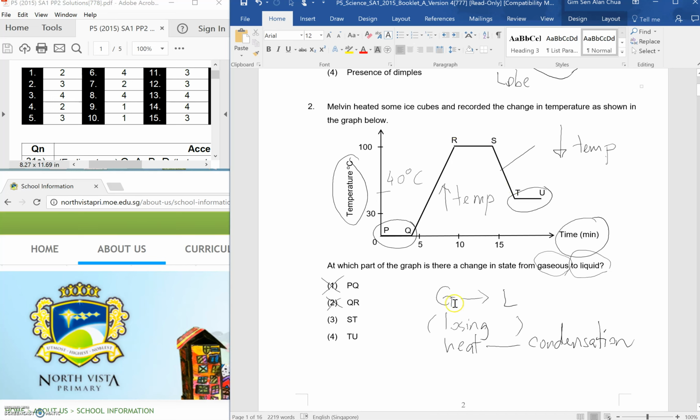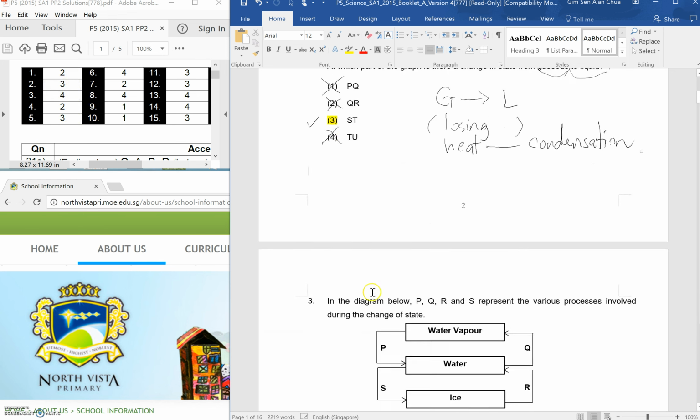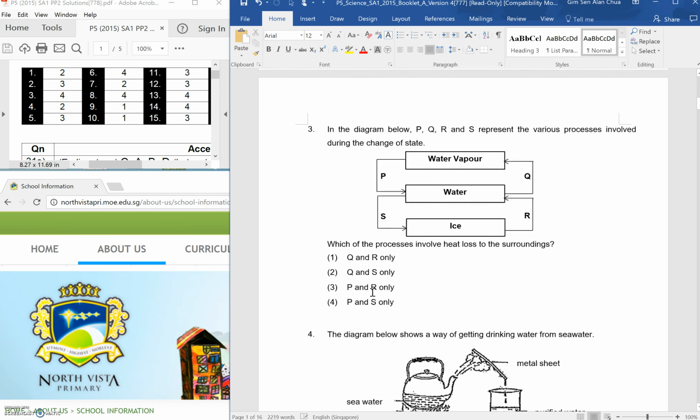We know that for gas to turn into liquid, you must lose heat, and that must be this portion here, ST. Okay, so the answer is 3, and 4 is wrong, and we have here 3. Alright, if you are not very sure and you have missed, you can actually refer to the answer sheet here, 2, 3.